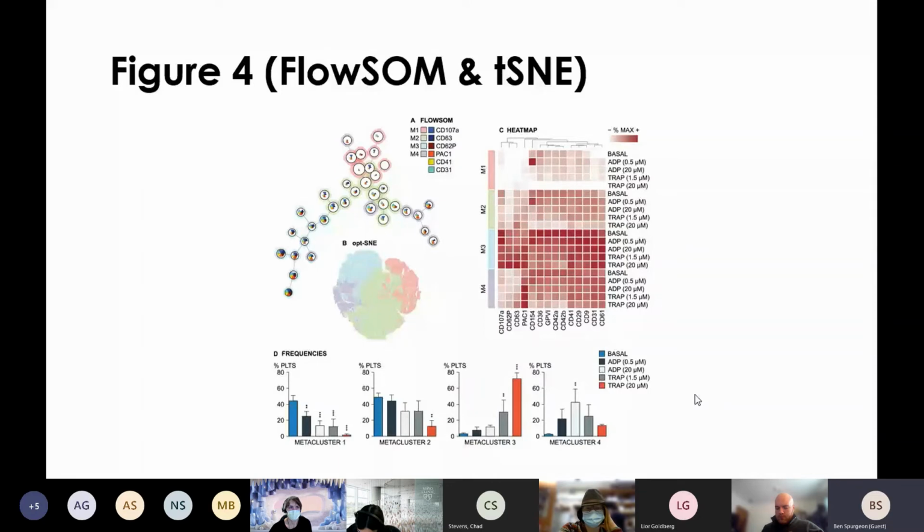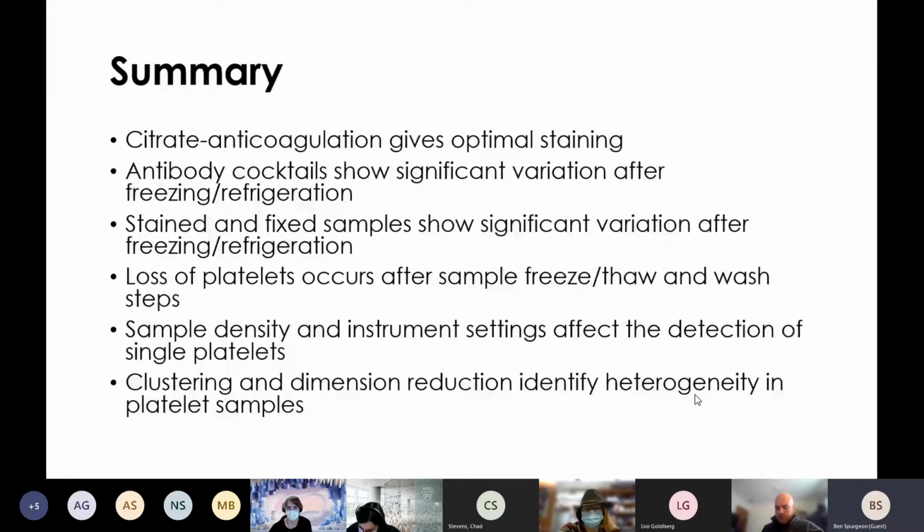So to summarize, we've shown that citrate anticoagulation allows optimal staining of our platelet markers, and that antibody cocktails and stained and fixed samples show some variation after cold storage. We've also shown that platelet loss occurs after the freezing of stained and fixed samples, and also after washing.